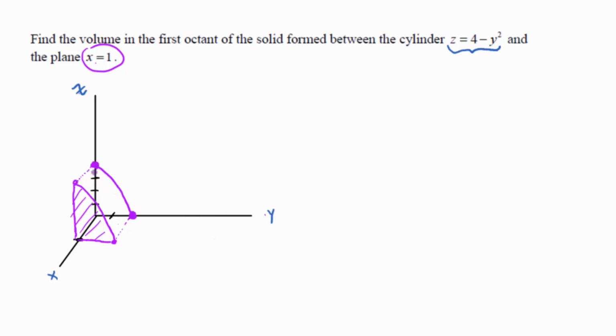The ceiling is kind of both a ceiling and a wall, right? So what gives the ceiling? It's that formula right there: z equals 4 minus y squared. And then the back wall is formed by part of the YZ plane, the side wall by part of the XZ plane. Does everybody see that?